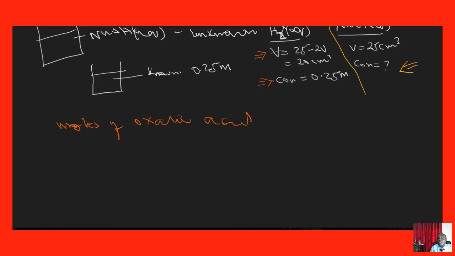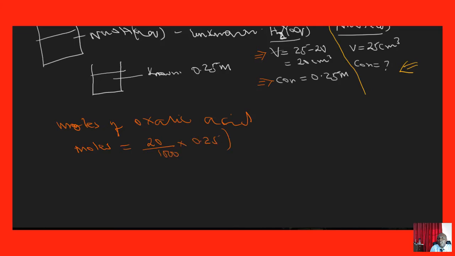From previous lessons, we said that to calculate moles in a solution, we get the volume, which here is 20, divide by 1,000, and multiply by the molarity, which is 0.25.